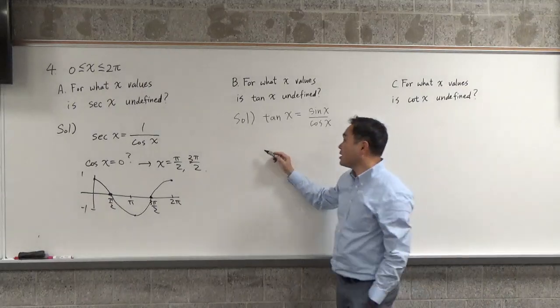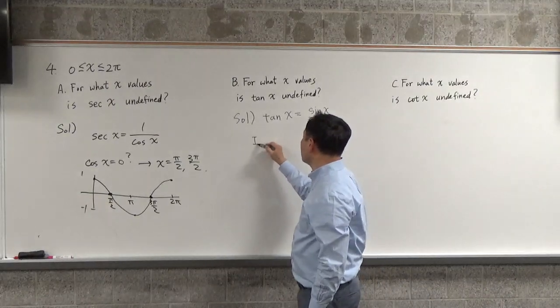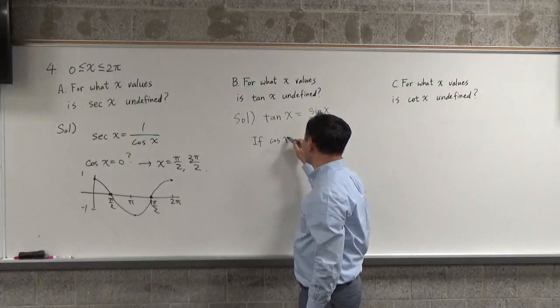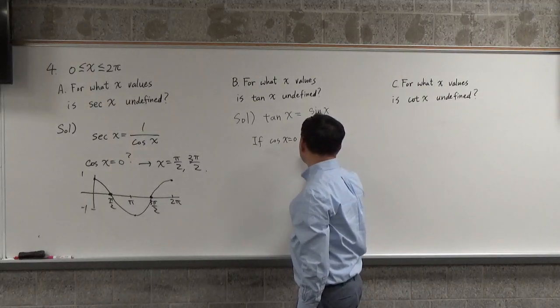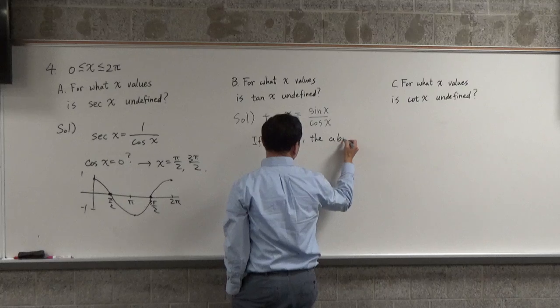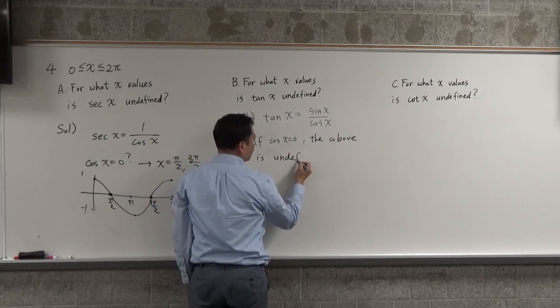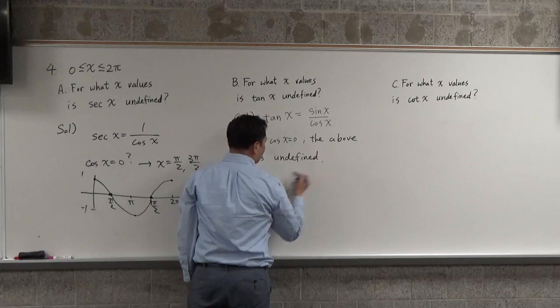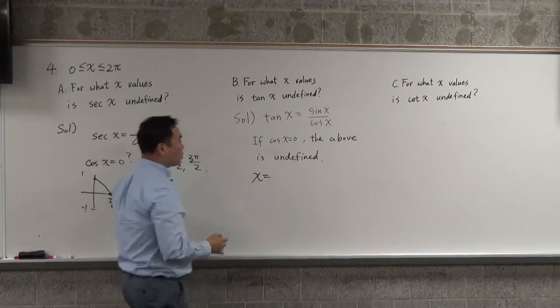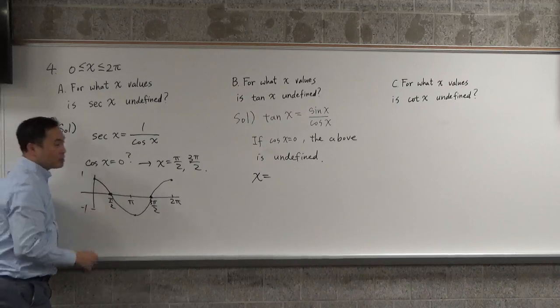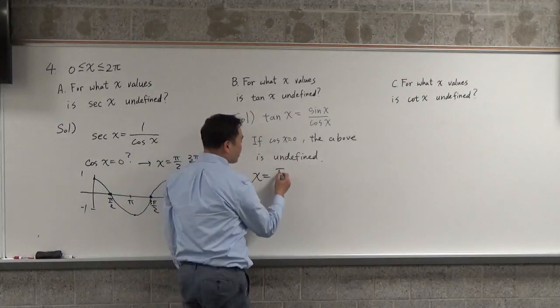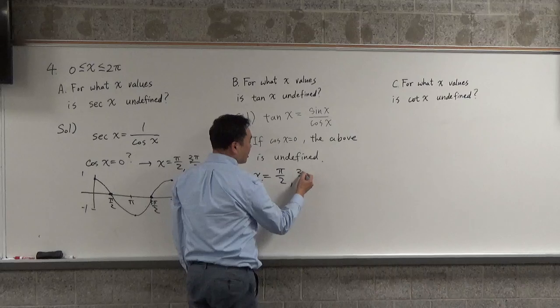So if cosine of x is equal to 0, the above is undefined. But we already know when cosine x is 0. We already did that here. So the answer is pi over 2 or 3 pi over 2.